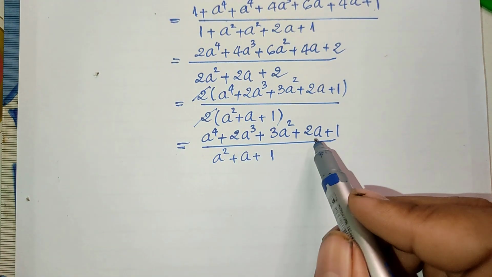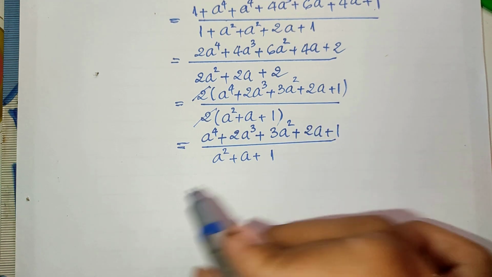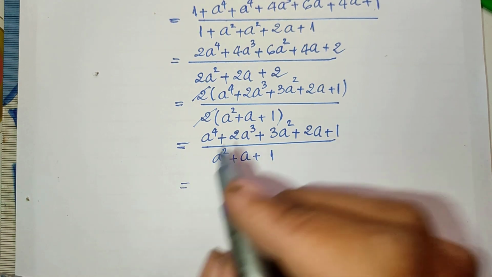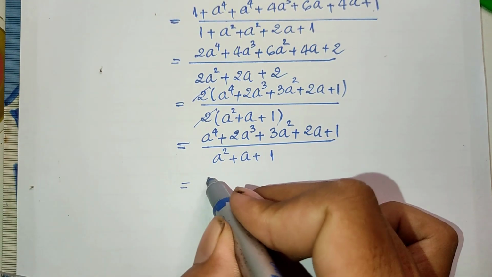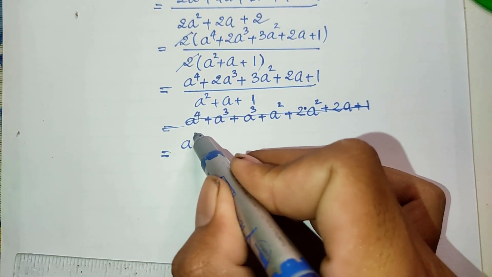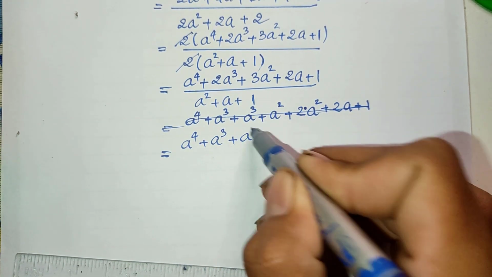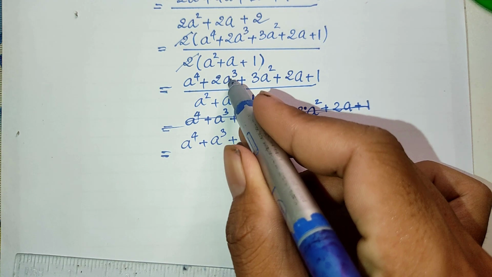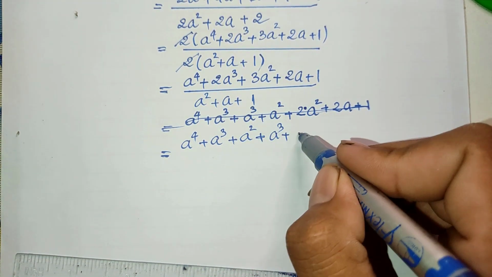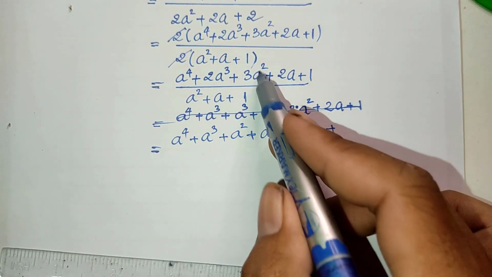And so now I take the terms apart into factors. So now we break this term and break this term and break this term. And so now I can write it equal a power 4 plus a power 3 plus a squared, plus 2 a power 3, we get a power 3 plus a squared plus a, plus 3a squared.